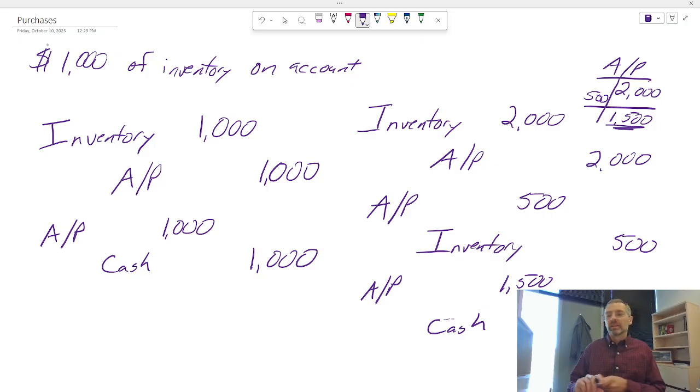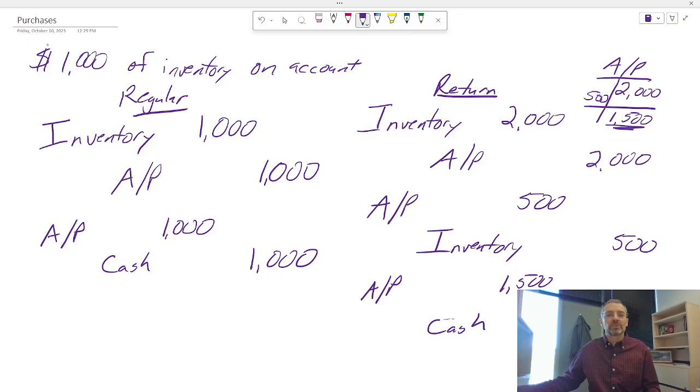All right, so this is just a regular purchase over here with nothing fancy or special. This is if we had some sort of return. And obviously, this is a return before we actually paid the bill.